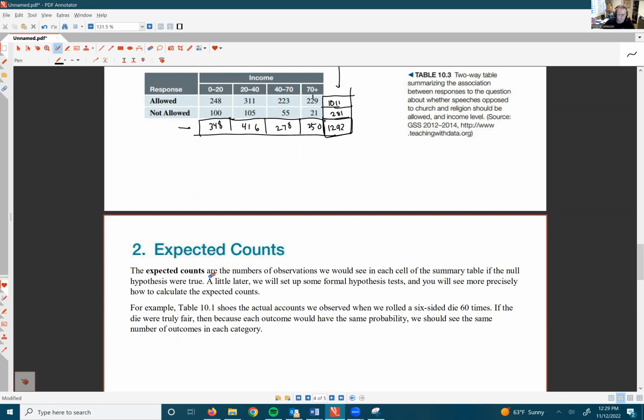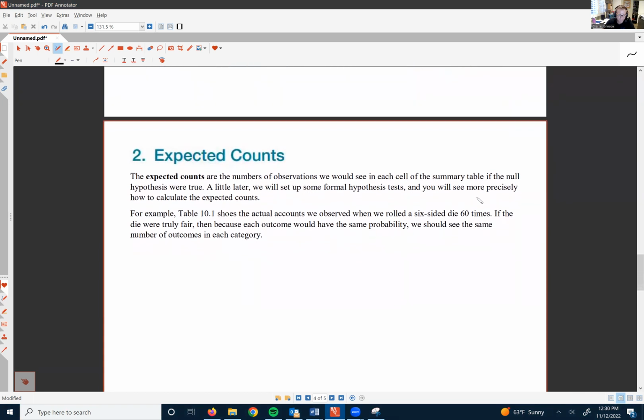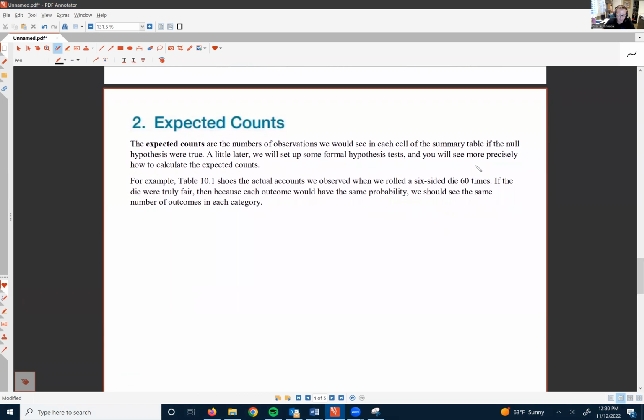For example, table 10.1 shows the actual counts we observed when we rolled a 6-sided die 60 times. If the die were truly fair, then because each outcome would have the same probability, we would see the same number of outcomes in each category.